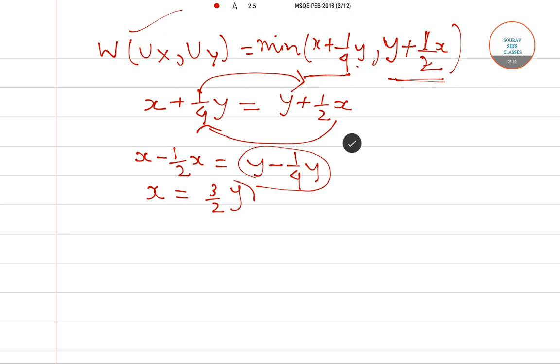So we have found the value of x to be equal to 3 by 2y.